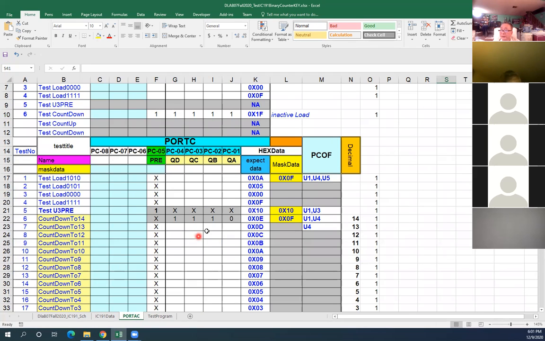So if you're looking into here, let's see, you are loading, first one will be U1, U4, U5. And the next one here, load 0, load 1. So the map data will be the same, but the P-COP must be changed.